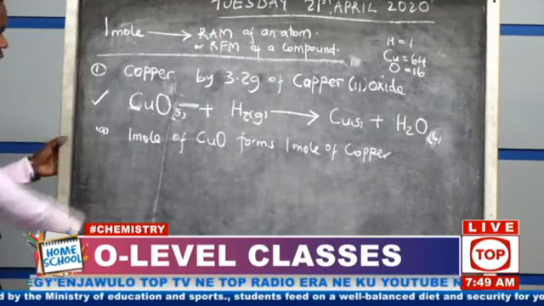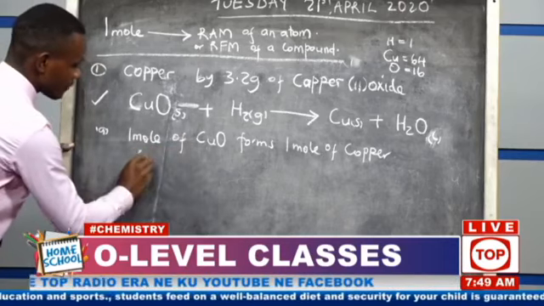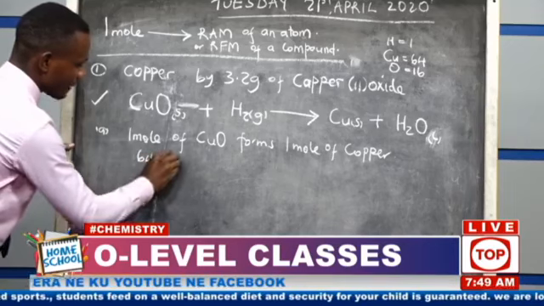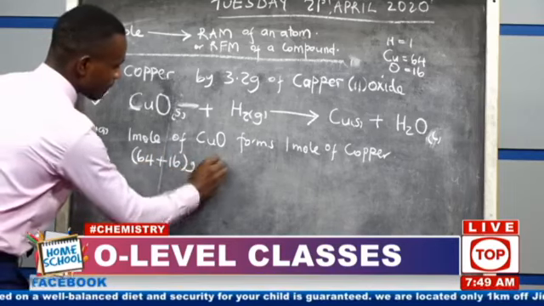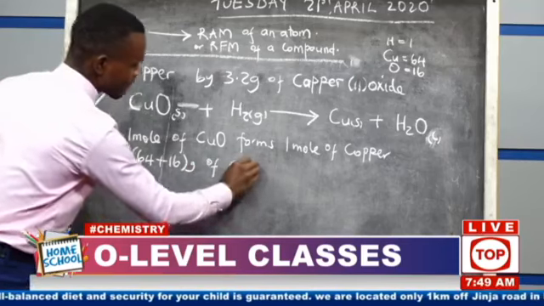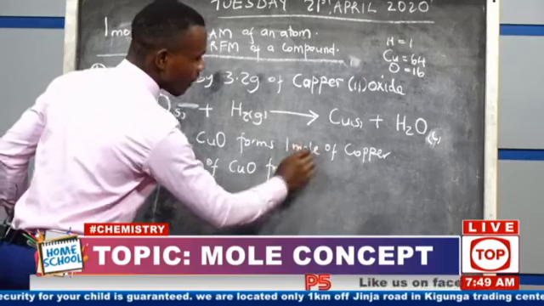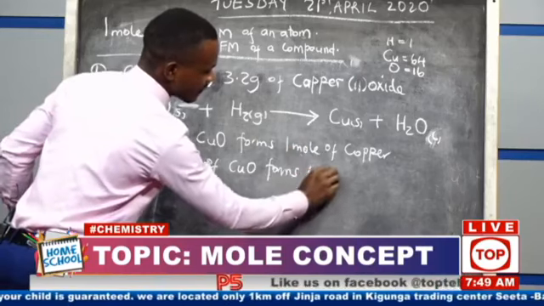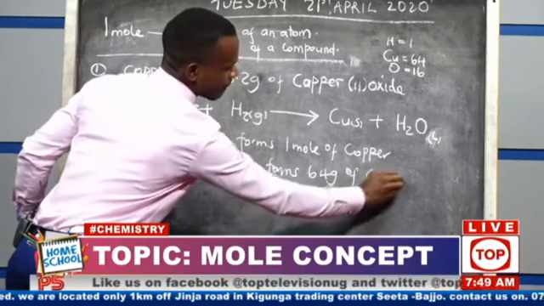Yes. So here you come and say this one is 64 plus 16 grams of copper oxide forms 1 mole of copper, which is what? 64 grams of copper.